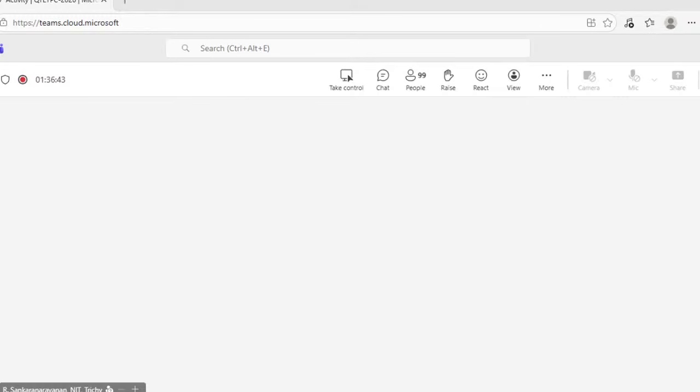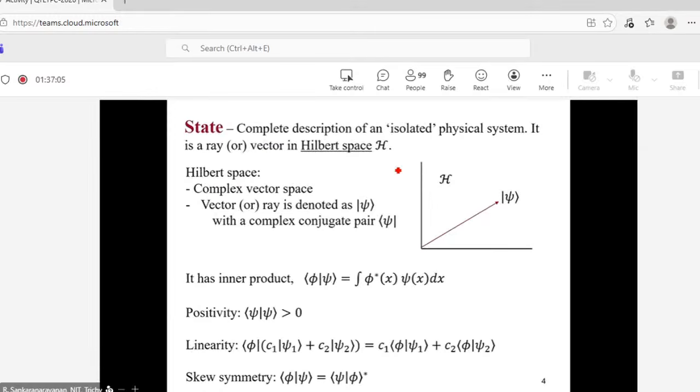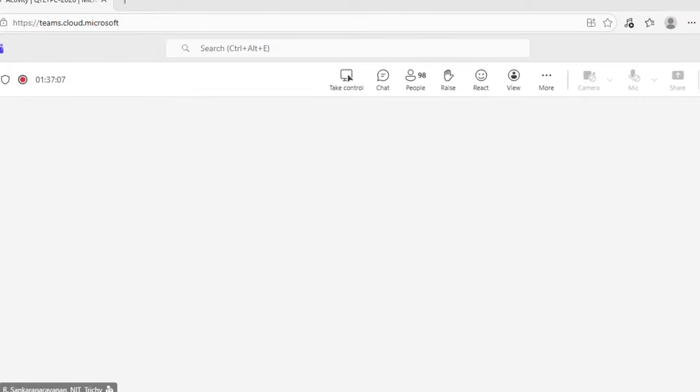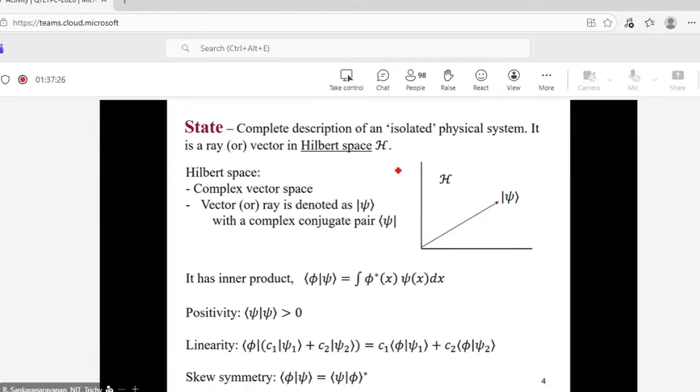In classical mechanics, we talk about the vector space, in which we define position, momentum, and so on. We also define what is called the phase space: take the x-axis as position and the y-axis as momentum, and that space is called the phase space, or state space.